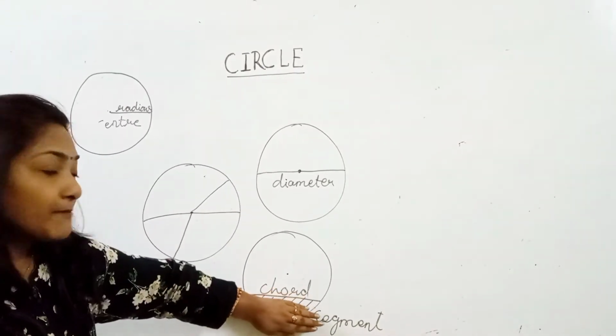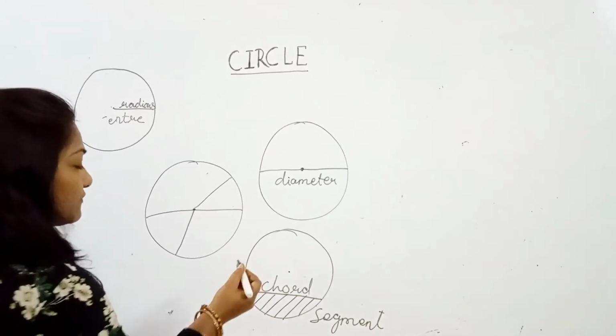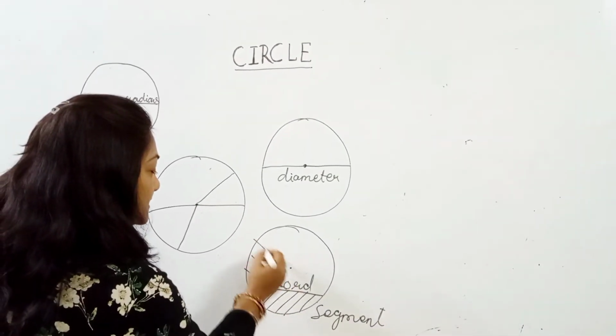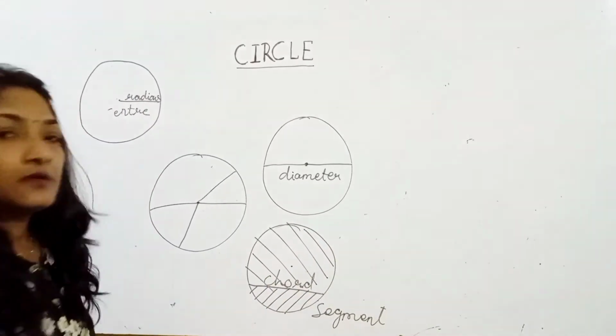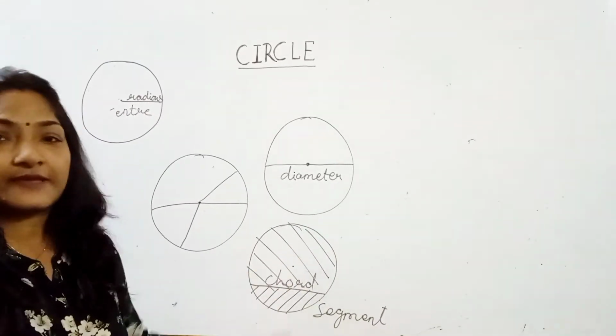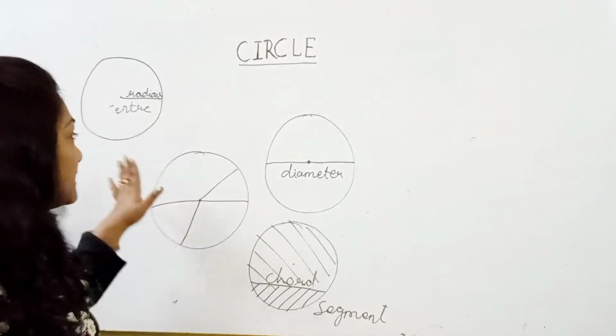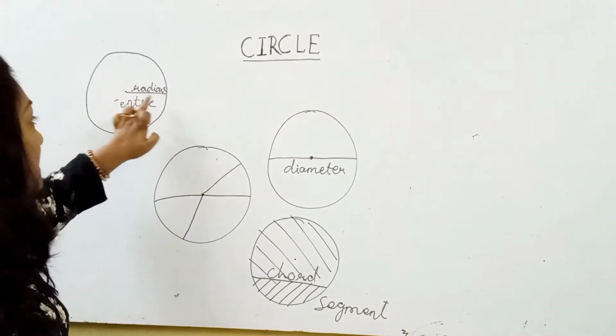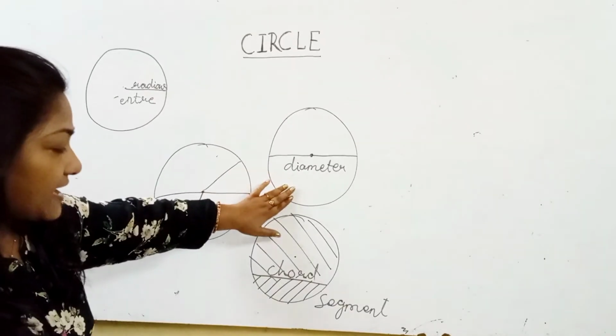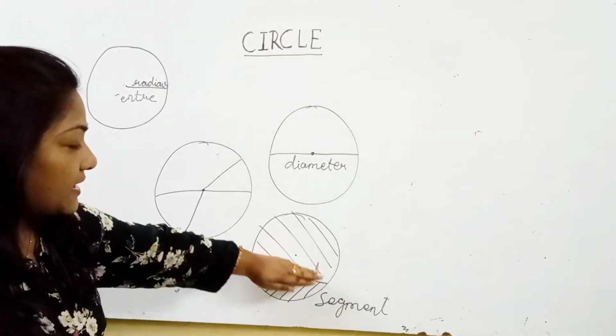This is the minor segment, and if you consider this other part of the circle, it is known as your major segment. So we discussed the center, which means the fixed point, and the radius, diameter, chord and the segment.